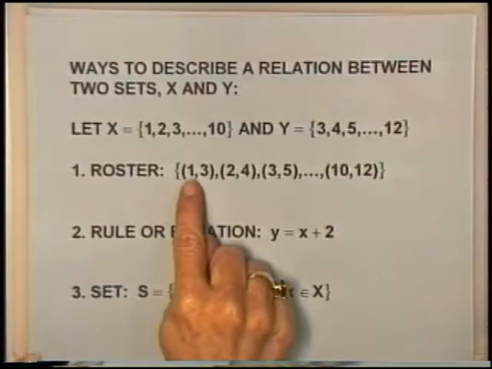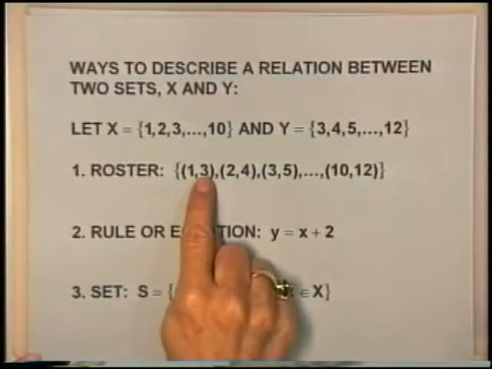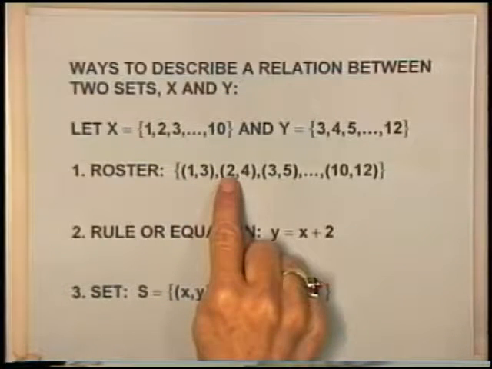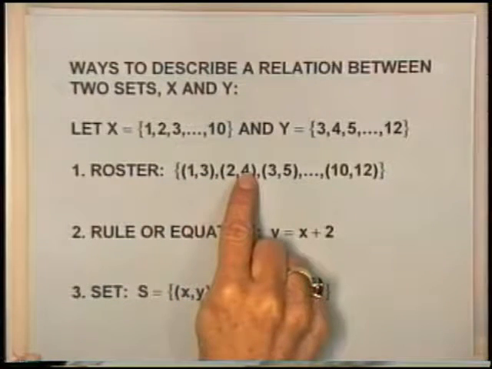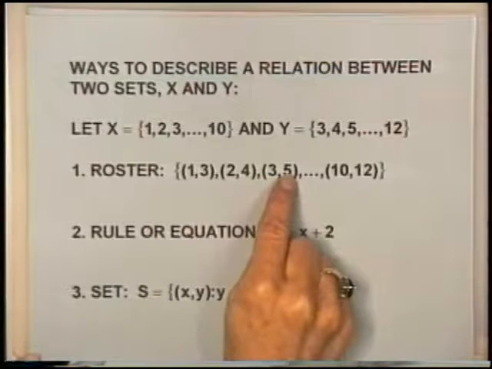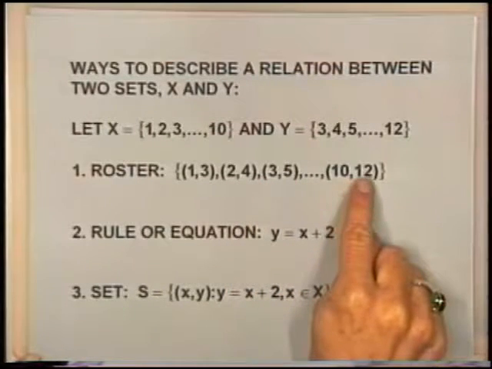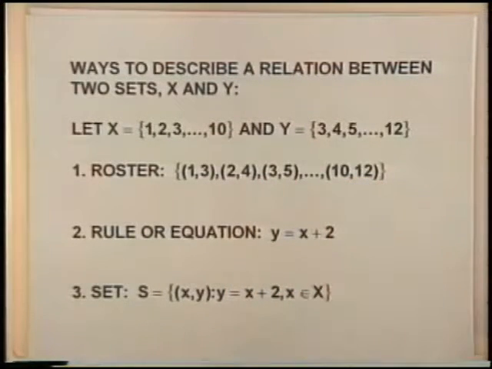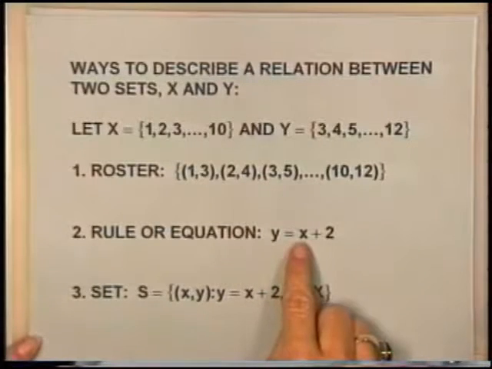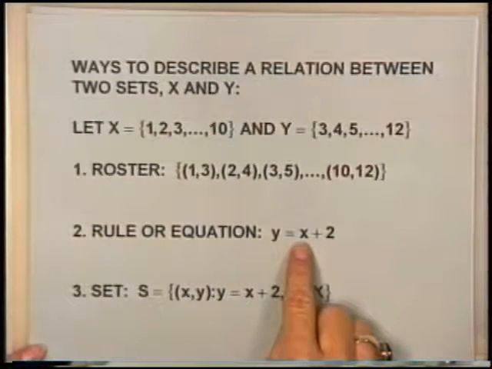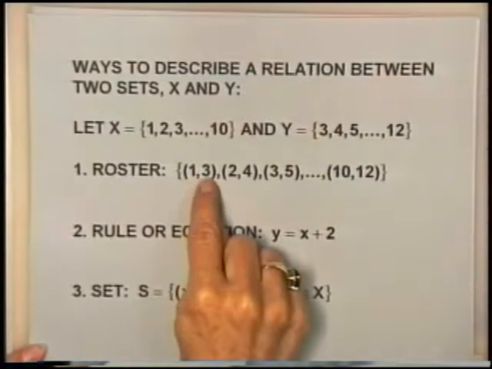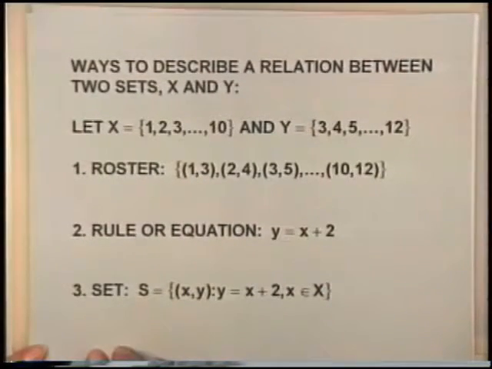Look at your ordered pairs. 2 more than 1 would be 3. 2 more than 2 would be 4. 2 more than 3 would be 5, and so on until finally 2 more than 10 would give you 12. So this rule describes the relationship that exists between these numbers that are in the ordered pair.